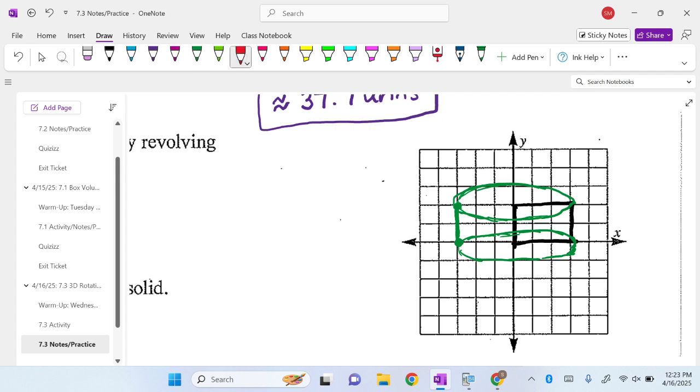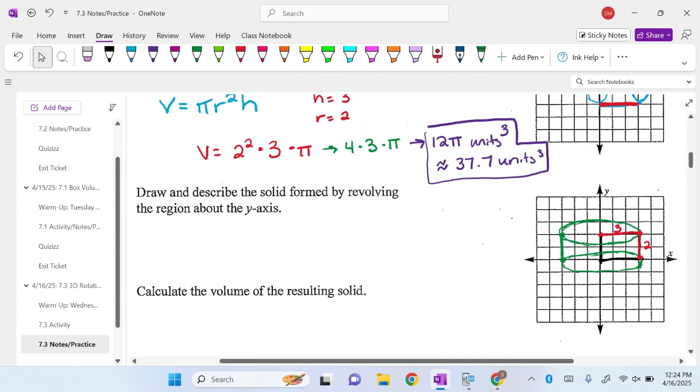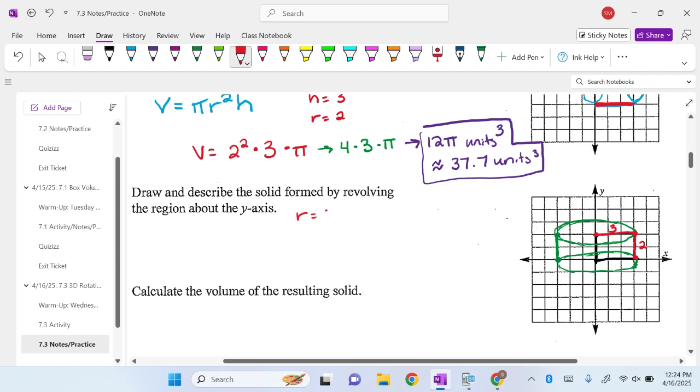So my radius in this case is 3 because I'm looking from here to here. What's my height? 2. So I'm looking from here to here. So we're still using the same 2 dimensions. They just flip-flopped. All right. So now the radius is 3 and the height is 2. And that does make a difference.